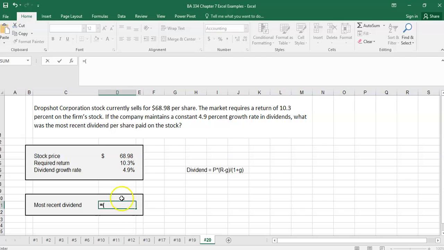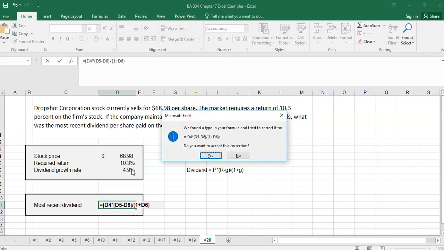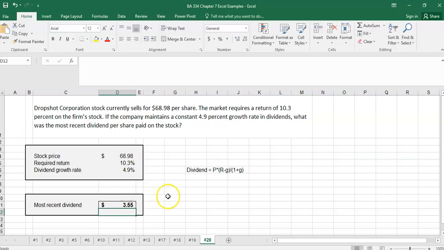So we're going to take our price times return minus the growth rate divided by 1 plus the growth rate. So the most recent dividend paid was $3.55.